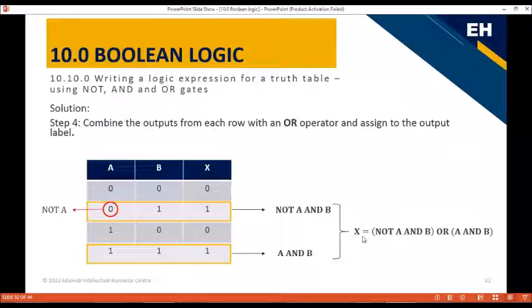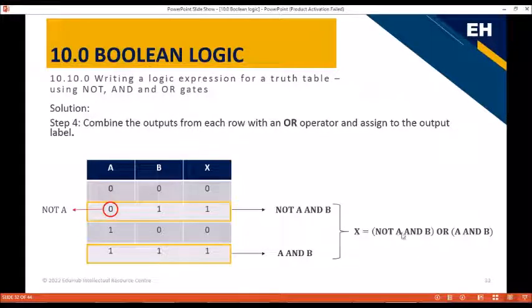So X, which is the output, equals the first expression, NOT A and B, enclosed within parentheses, and combined using an OR gate with the second expression, which is A and B in parentheses.